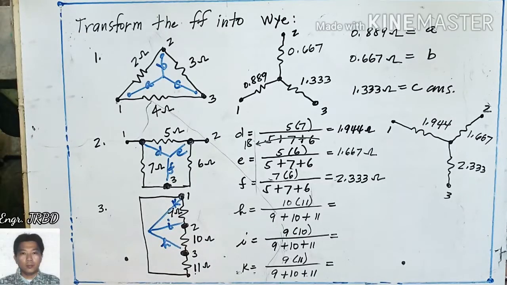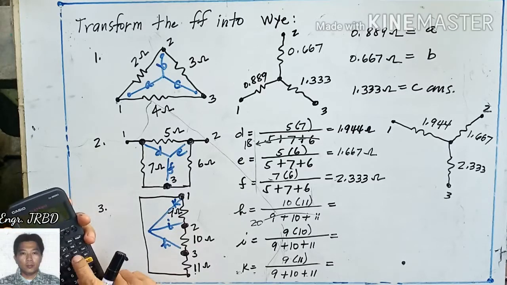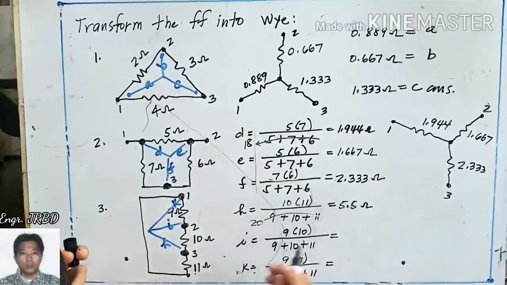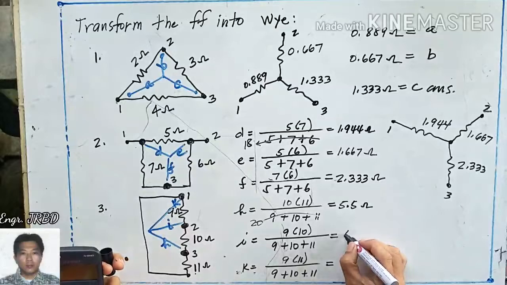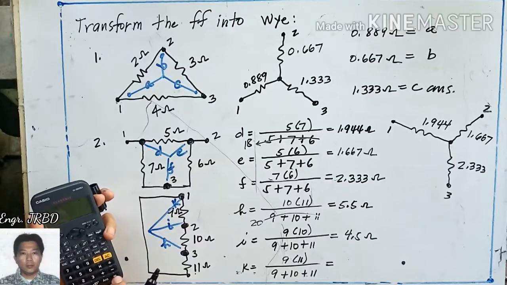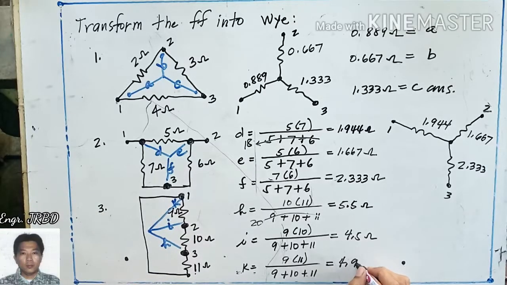Okay? If you compute that, this is 20. It's 10 times 11 divided by 20, 5.5. 90 divided by 20, 4.5, and the last, divided by 20, is 4.95.